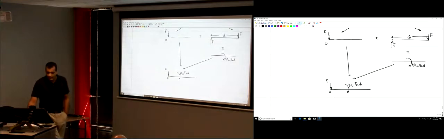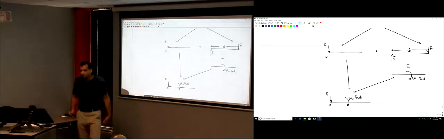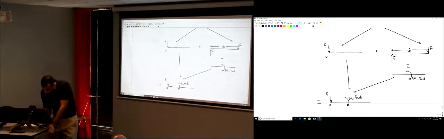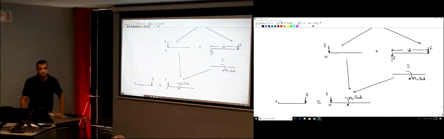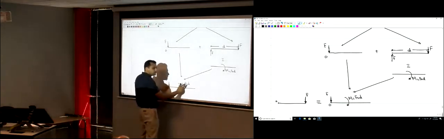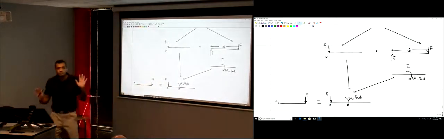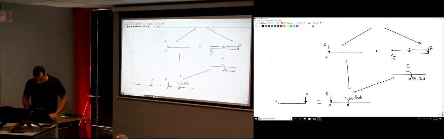Now this is equivalent to what we had originally, F here away from point O. So I can move F to point O, but I have to add a couple moment equal to F times this distance d. So now I didn't change anything. Moving F from here to here and adding this moment is equivalent to the original. I didn't change the problem by doing so. Those are two equivalent systems. Any problem here?